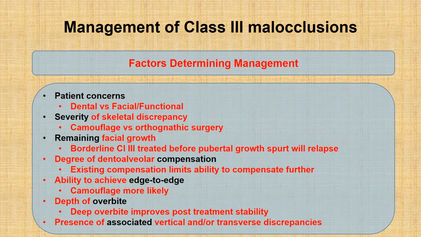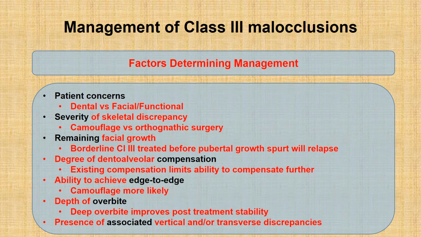And the degree of dentoalveolar compensation that is present also determines how much correction can be achieved purely with orthodontics, because existing compensation will limit the ability to compensate further.